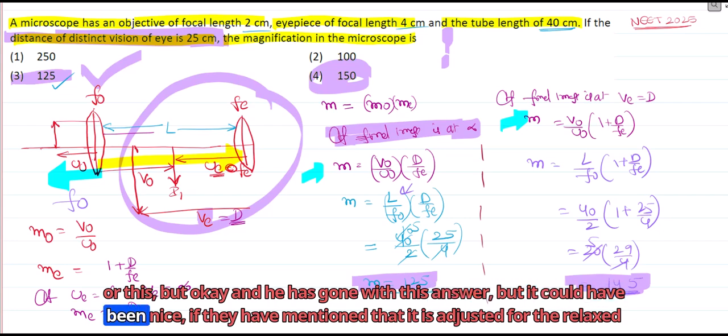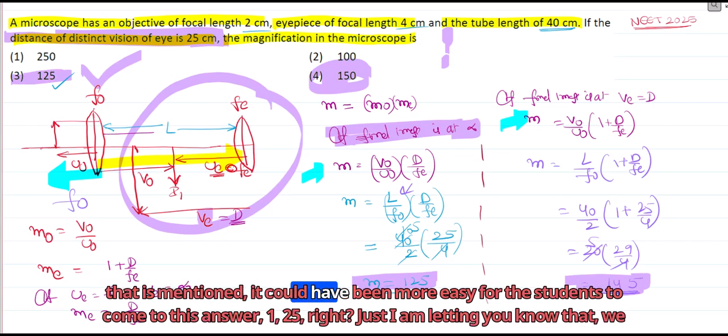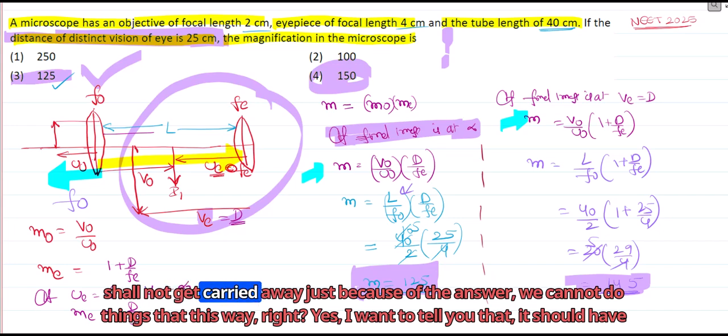But it could have been nice if they had mentioned that it is adjusted for the relaxed eye. If they had mentioned that the final image is adjusted for the relaxed eye, or the final image is formed at infinity, it would have been easier for students to come to this answer, 125. I just want to say that we should not get carried away just because of the answer.